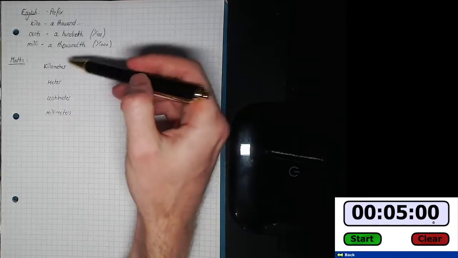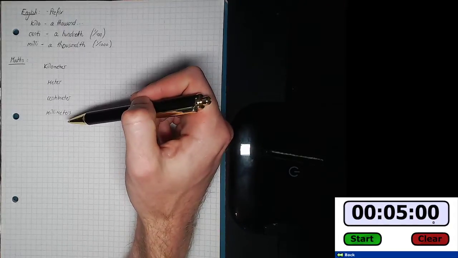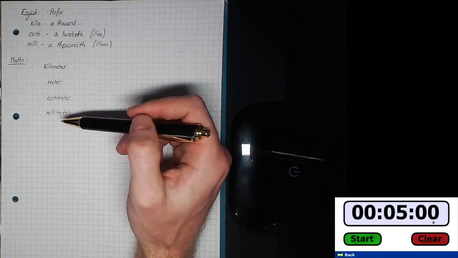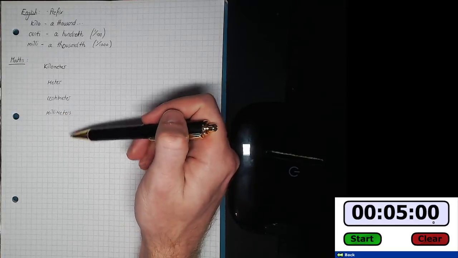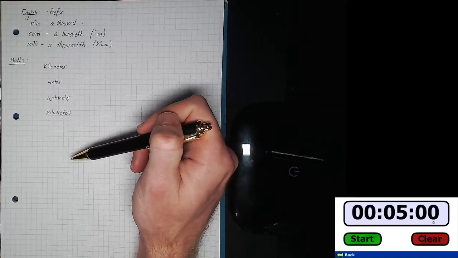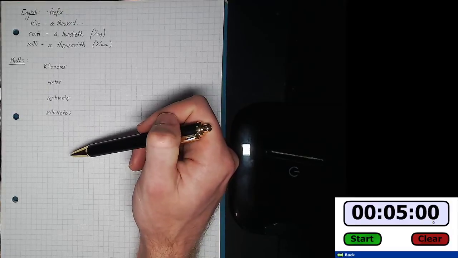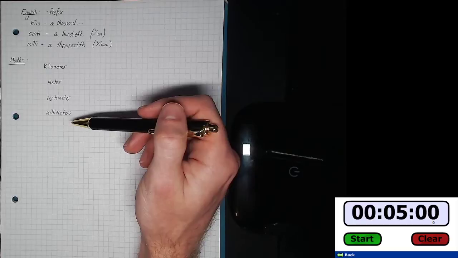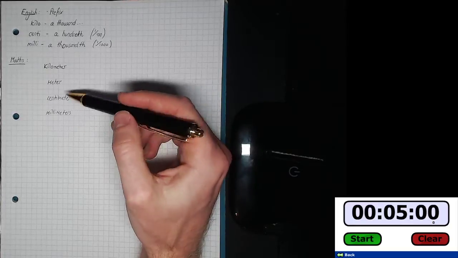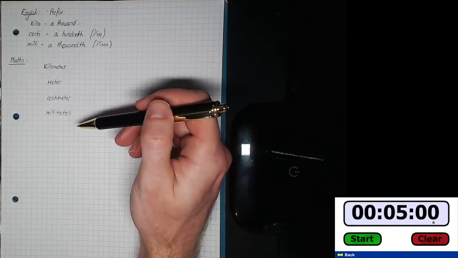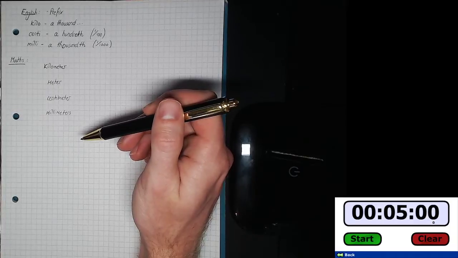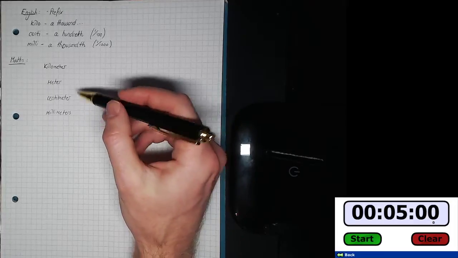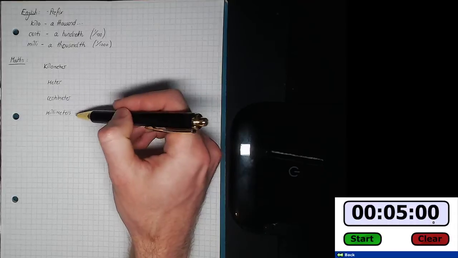Now, we can obviously get bigger than a kilometre and smaller than a millimetre, especially when you get into the sciencey world. You get things like nanometers, which are really, really small, and micrometers as well, which are not quite as small as a nanometer, but still pretty small. But these are the ones that we're going to focus on here.